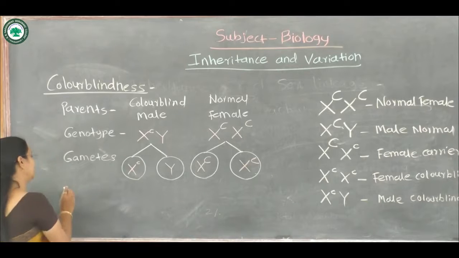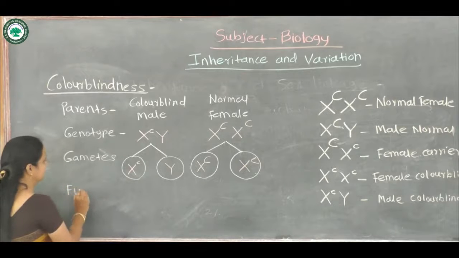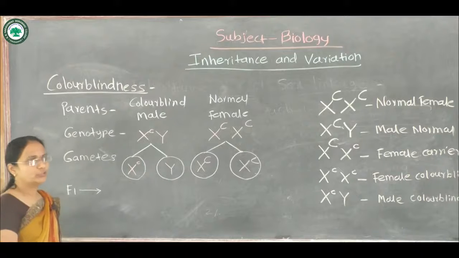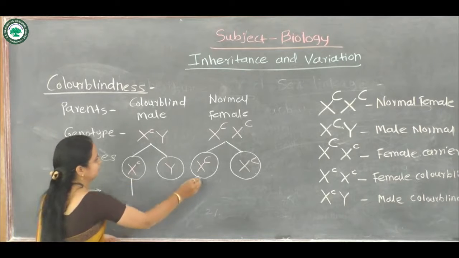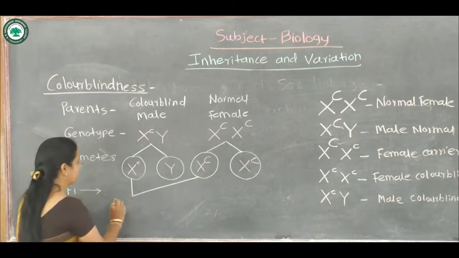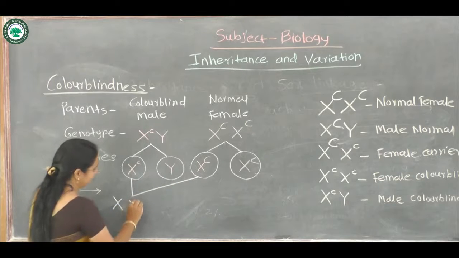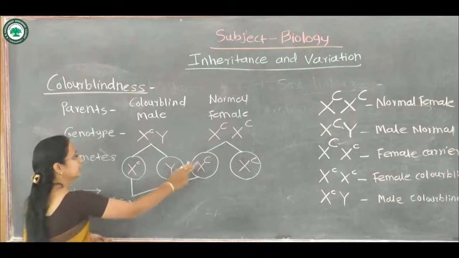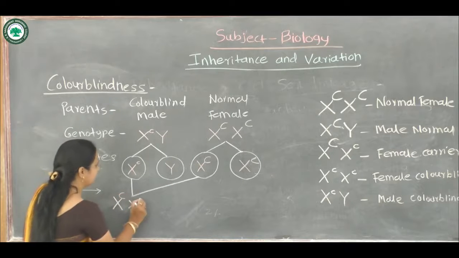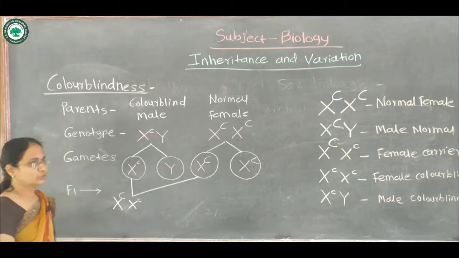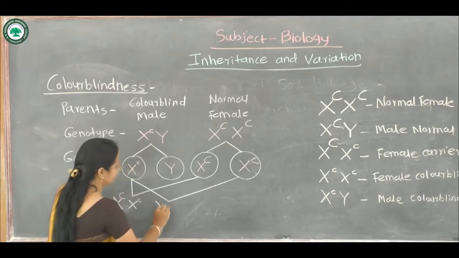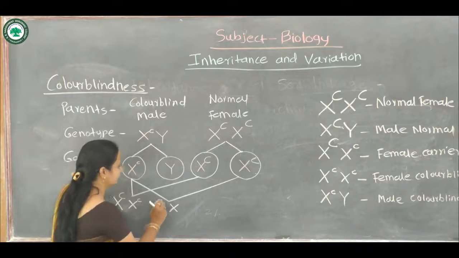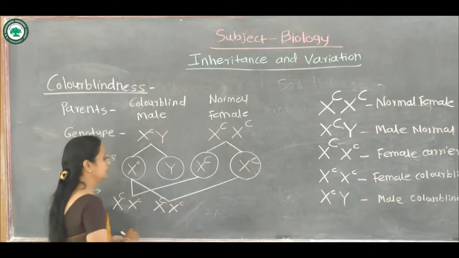Now you have to find out the F1 generation. How is the progeny obtained in this F1 generation? Here we cross the female, with the dominant gene and the recessive gene. Again let's take XX, the dominant and the recessive.